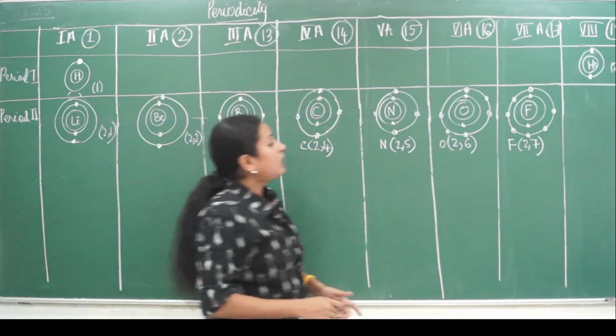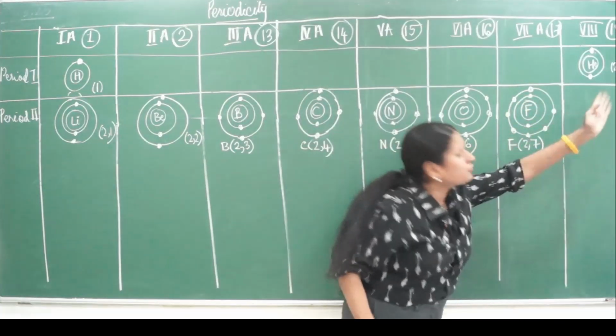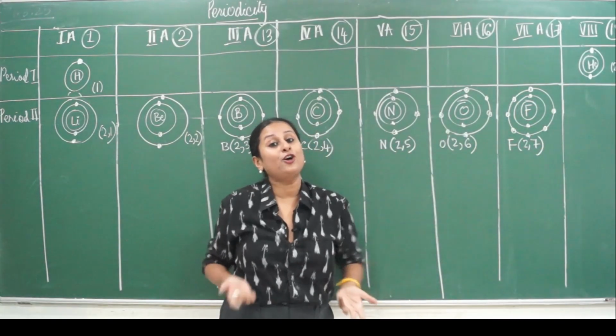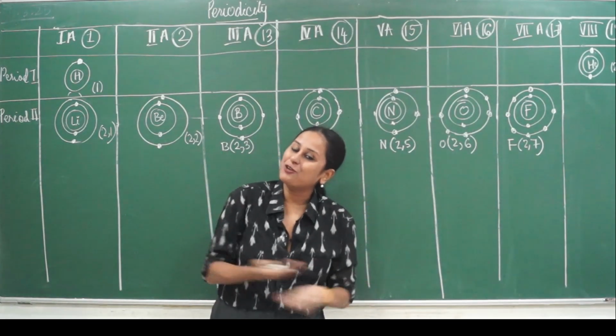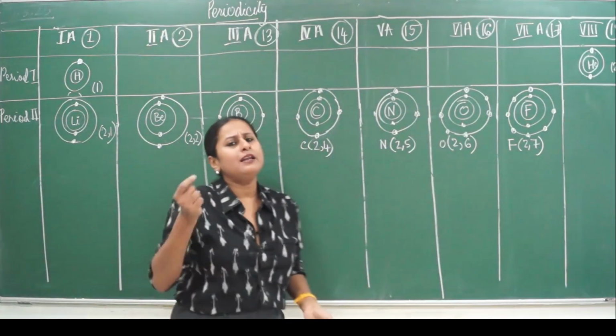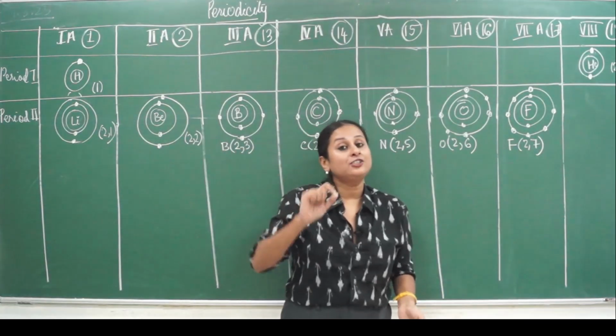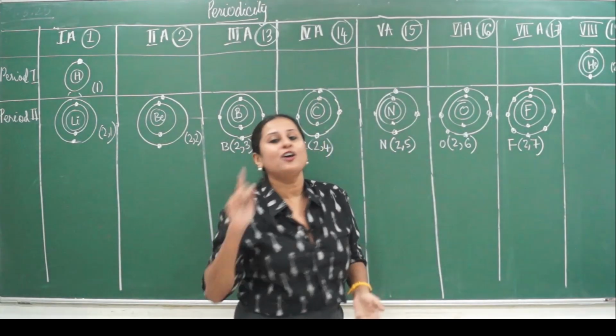Alright? Now we come to neon. Neon, can you see now it has to be arranged over here. Why? Because neon, we know it's a noble gas. Noble gas means it has 8 electrons in its outermost shell, or it has its octet naturally completed. So in the first shell, 2. How many in the second shell? 8. So total how many electrons? 10 electrons.